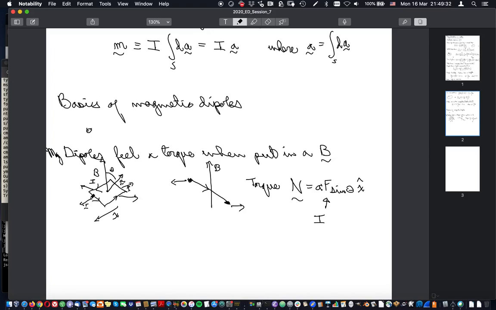So let's imagine that the side here has a certain length a. This side here has a certain length b. Okay, so then this force here, this distance that I have here, is the b length, I'm sorry, I put it the other way around. So forget about that. I want to just put my length.